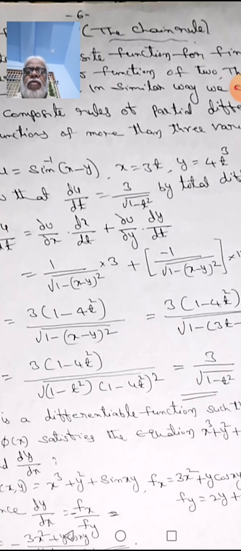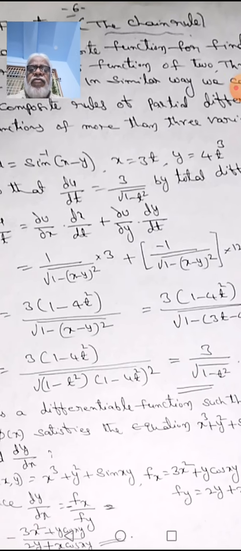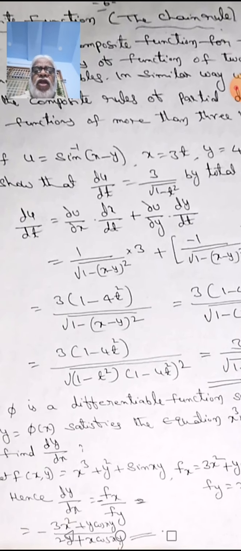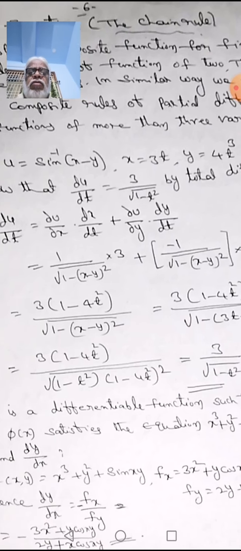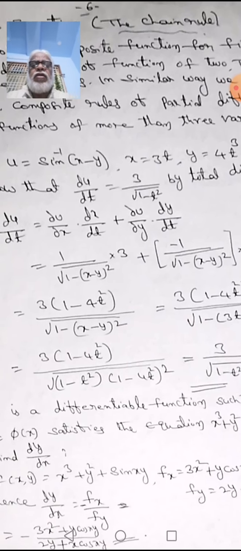Into 3 means 3 by... So if we simplify it, we get 3 into 1 minus 4t square by 1 minus 3t minus 4t cube whole square, because here 12t cube is equal to 3 into 1.